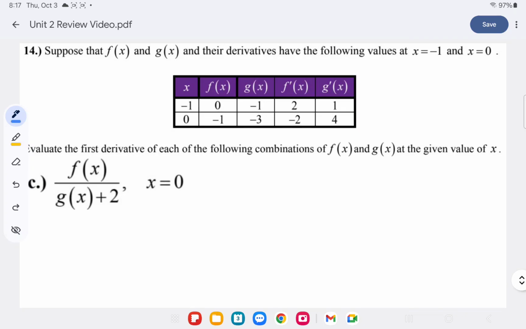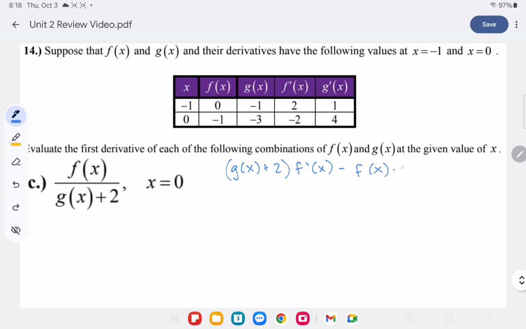So our quotient rule is low d high minus high d low, and when I take the derivative of the denominator, it's, wait, I didn't do that right. Sorry, low d high minus high, which is just f of x.